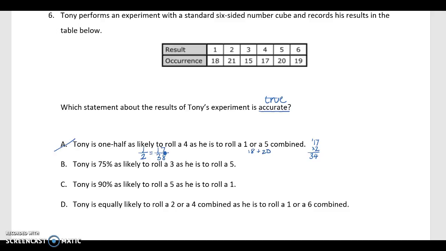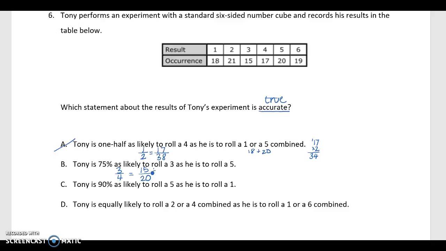Okay, Tony is 75% as likely. So 75 is what fraction? 3/4, right? 75 cents, 3/4 out of 4. To roll a 3, so the 3 comes first, so I'm going to put that on top. There's 15 times that happened, as he is to roll a 5, 20 times. So does 15 over 20 equal 3/4?